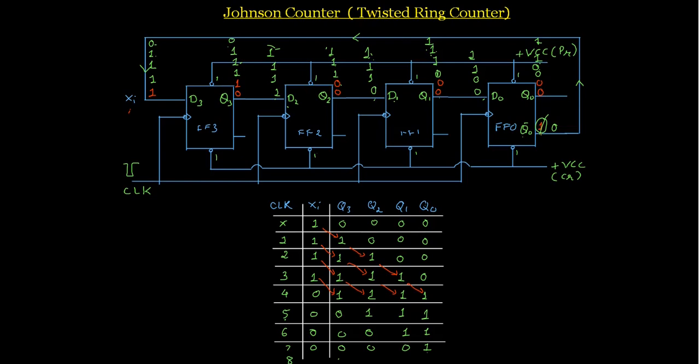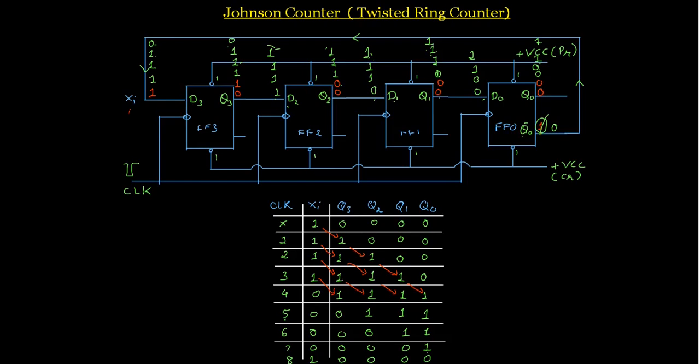Since Q0 is 1, at this time this input is going to be 1, and here all the outputs of the flip-flops are going to be 0, 0, 0.